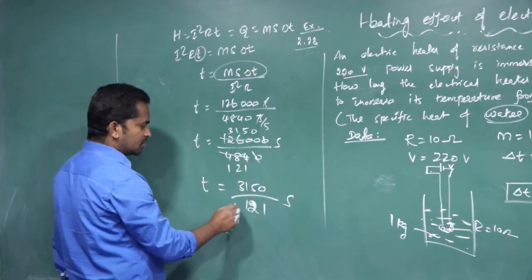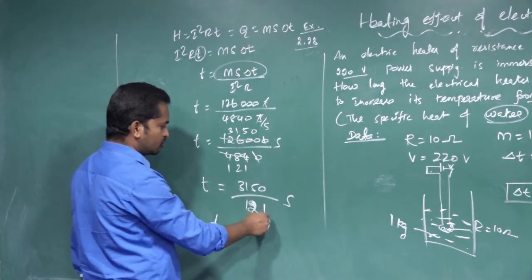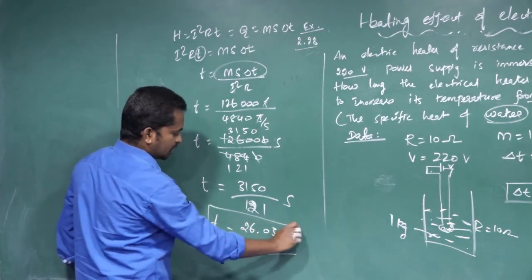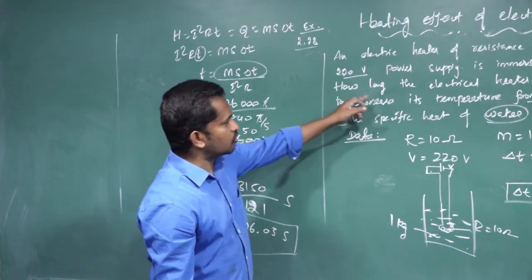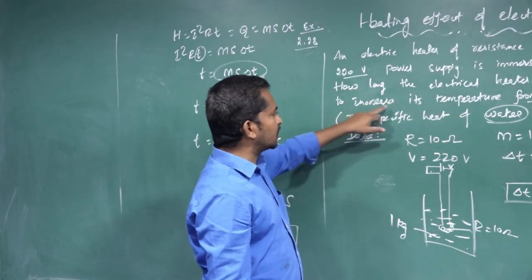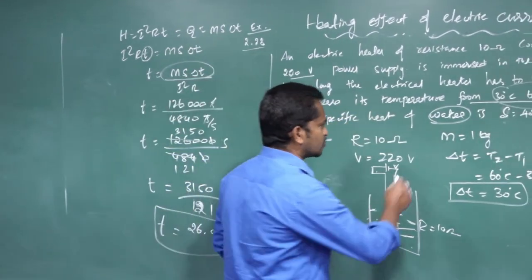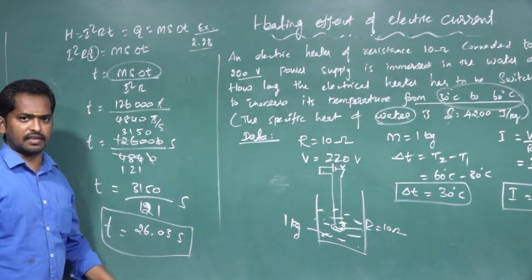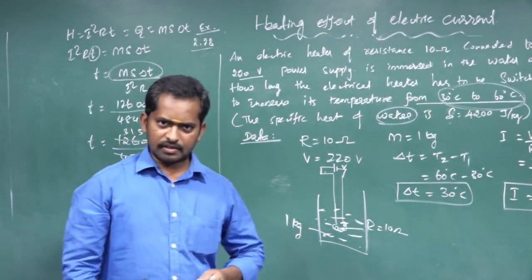So T is equal to 3150 divided by 121 seconds. Final answer: 26.03 seconds is the time value. Which means the electrical heater has to be switched on for 26.03 seconds to increase its temperature from 30 degrees Celsius to 60 degrees Celsius. Okay, students, thank you.